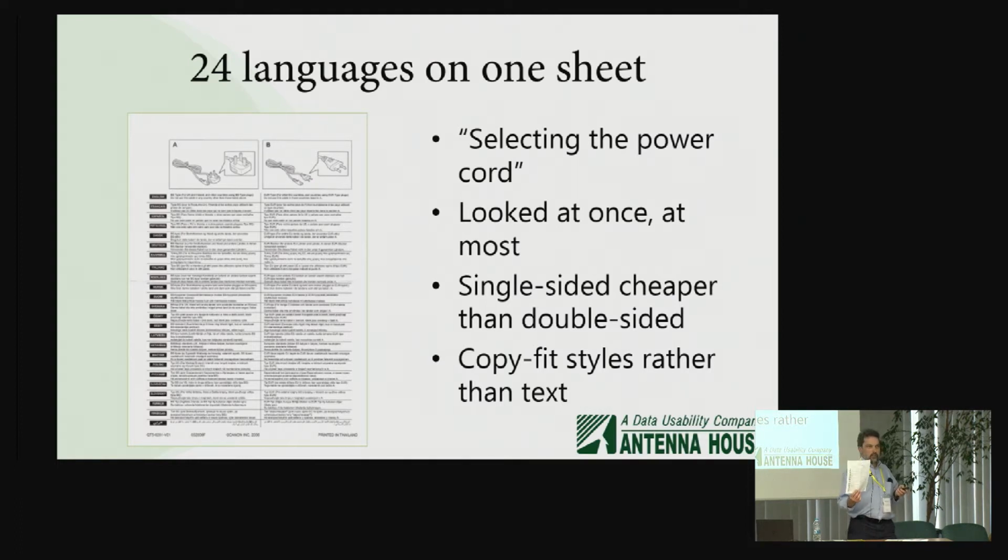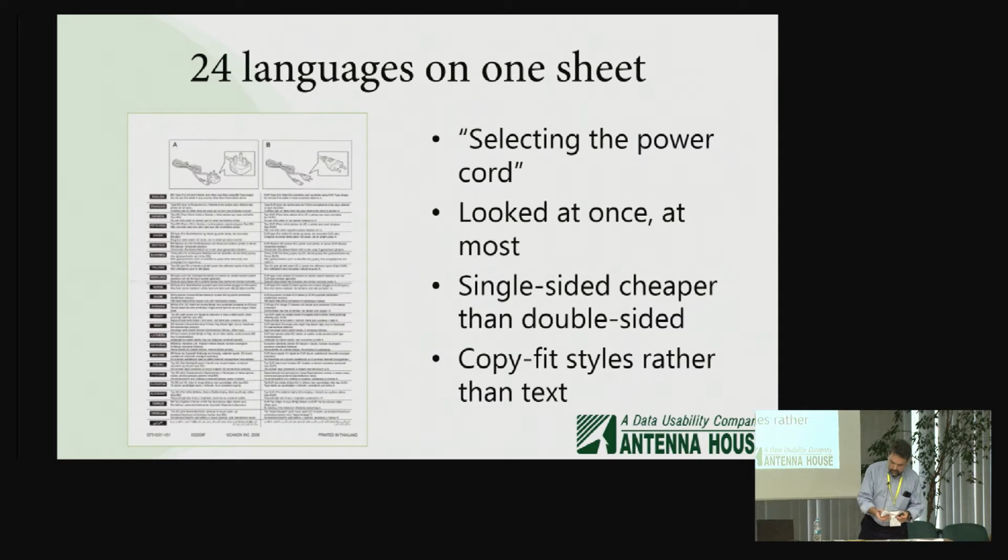Printing on one side of paper is comparatively cheap. If this had gone over to the other side of the page, it would increase the cost for the printer manufacturer for no good effect, because no one's going to read this anyway. And you're not going to let the editorial staff modify text in 24 languages to make things fit, so you adjust the formatting so it all fits on one page.